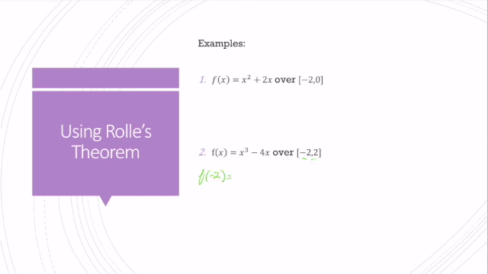So f of negative 2 would give me negative 8 plus 8, which is 0. And f of 2 would give me 8 minus 8, which is also 0. So I know that there's some point c which exists. So I'm going to take the derivative of my function, f prime of x equals 3x squared minus 4, and I'm going to set this equal to 0.